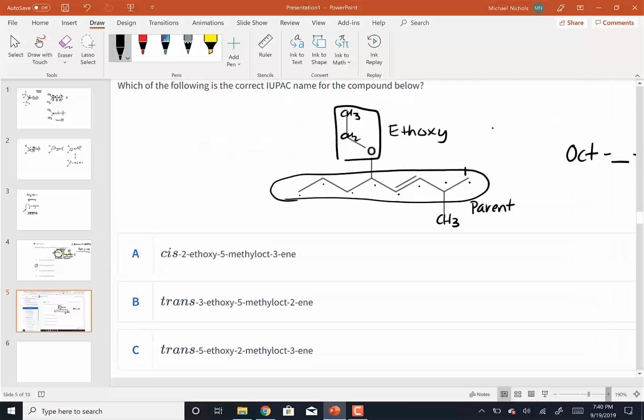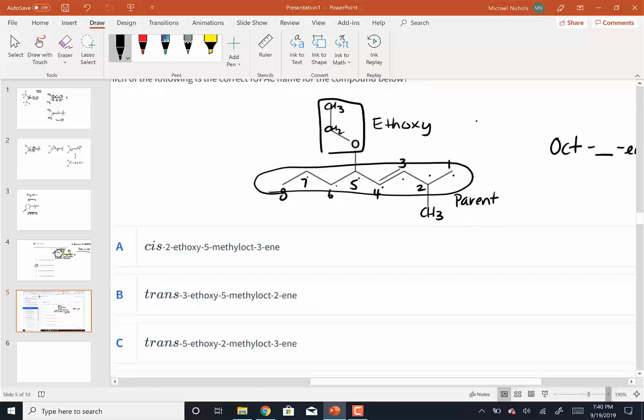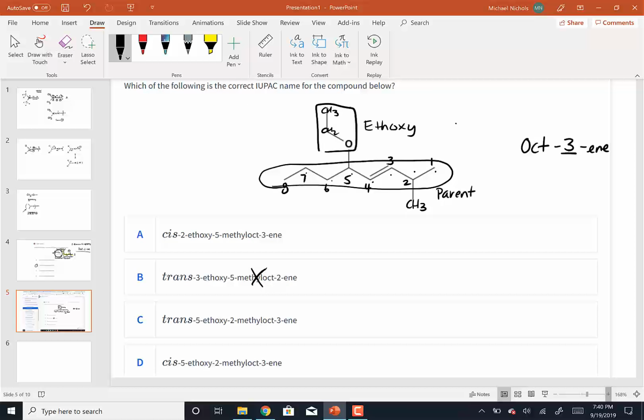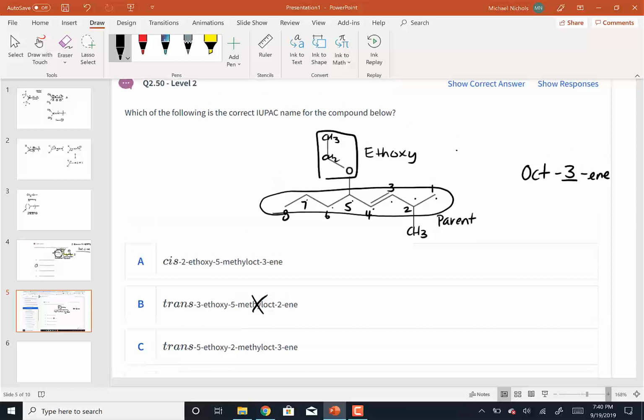So that means we number 1, 2, 3, 4, 5, 6, 7, and 8. And so this is going to be an oct-3-ene. Okay? So that eliminates that answer. That's the only one it eliminates. All right, so it's going to be an oct-3-ene.